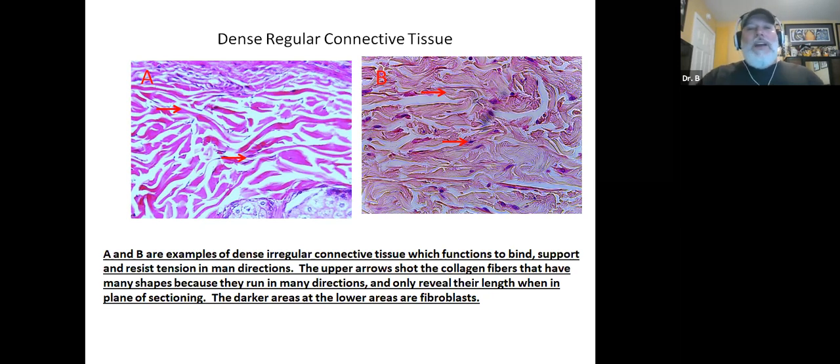Right now, if you look at it and know right off the bat, oh, that's definitely dense irregular because it looks like steak, then fantastic. You remembered what it looked like and that gave you the answer, then move on. But if you don't know what it is, at least categorize it as epithelial or connective tissue and then start to break it down from there. What do I see? Well, I see cells that are spaced apart.